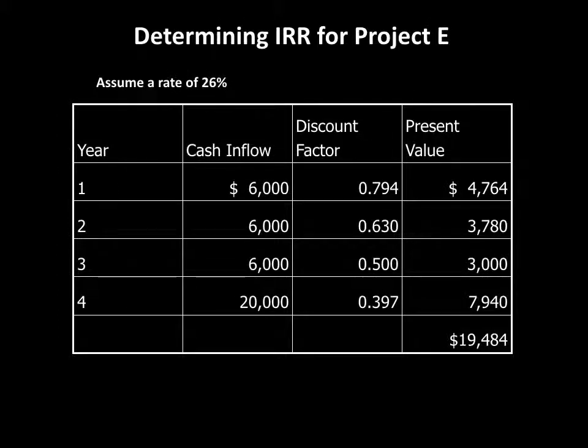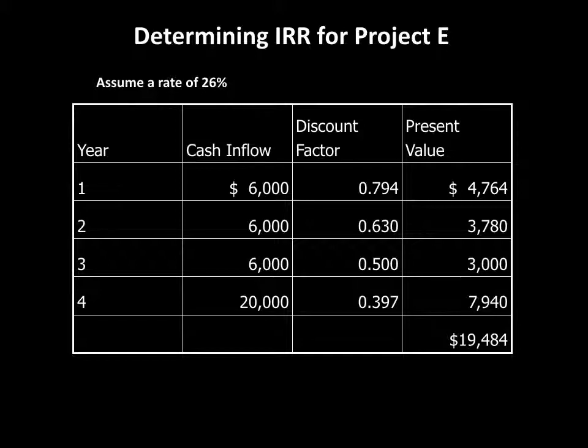If we trial 26%, then we get a present value of the inflows of 19,484. So we know that the discount rate has to be between 24 and 26. And probably you can guess that halfway, it'll be 25%. So this project will have an internal rate of return of 25%.